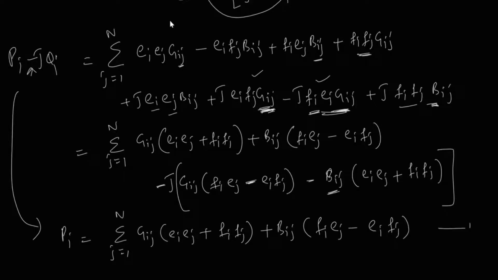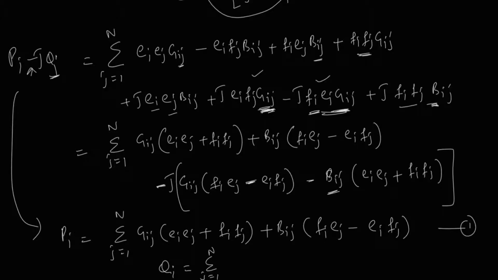This is one equation. In case of Newton-Raphson rectangular form, this is one equation. Now Qi is equal to, because I have taken minus out, I am writing only Qi, so minus gets cancelled.